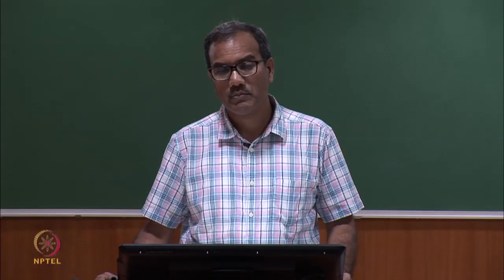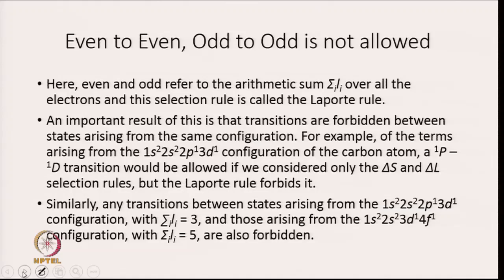Now, one of the very important pieces of information about the selection rule for a multi-electron atom is that even to even, odd to odd is not allowed. Even to odd is allowed, or odd to even is allowed, but not even to even, not odd to odd. So, what do I mean by even and odd?